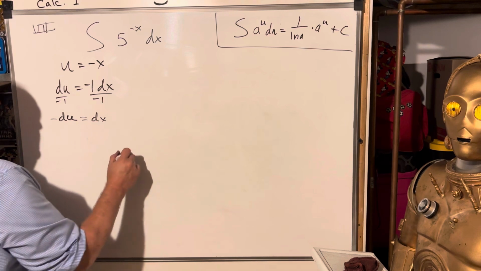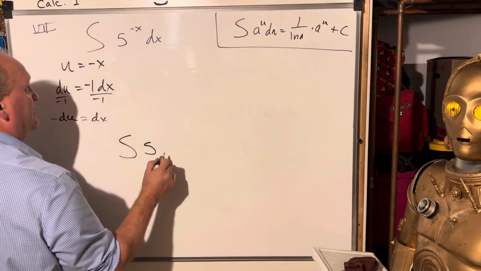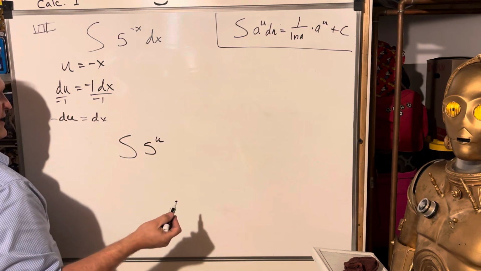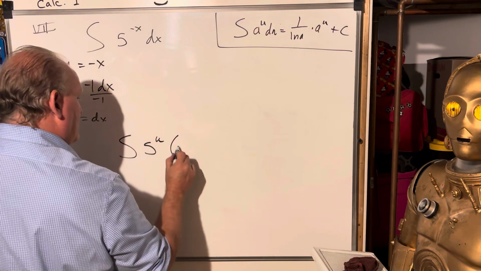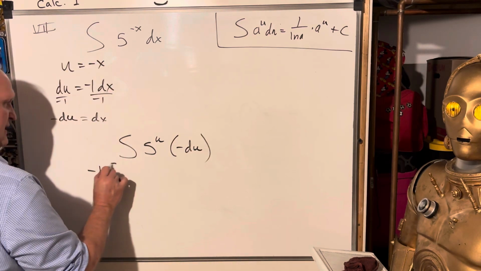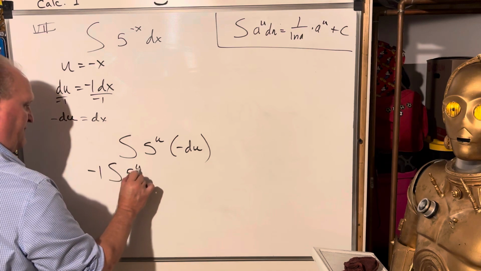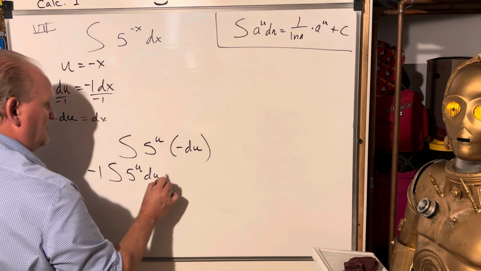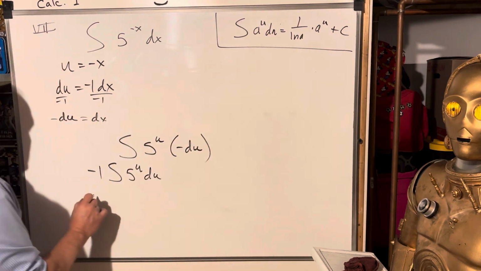And so there we are. Let's put in our u and our negative du. So pull the negative 1 out front as a constant, and 5^u du. And now we're going to work that magic.